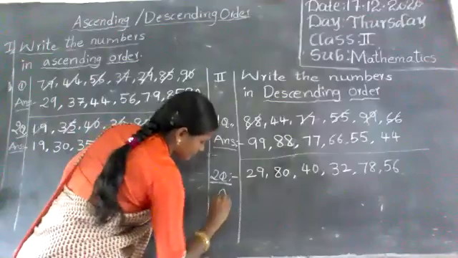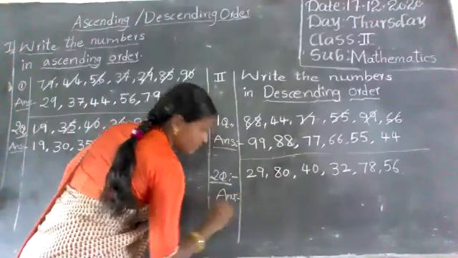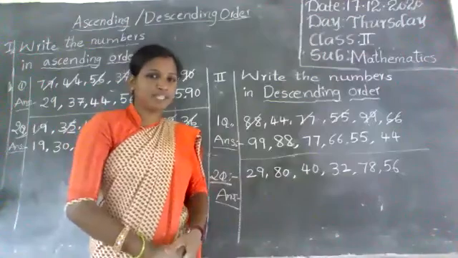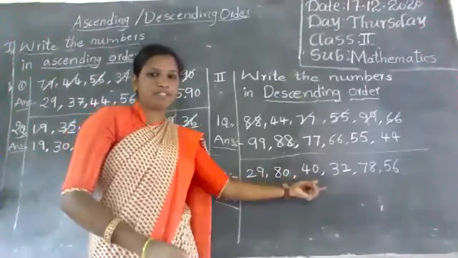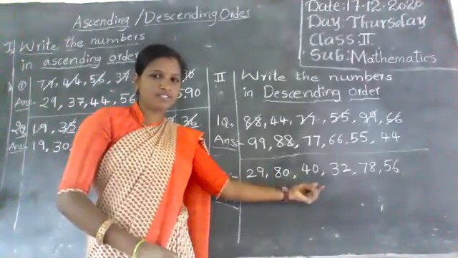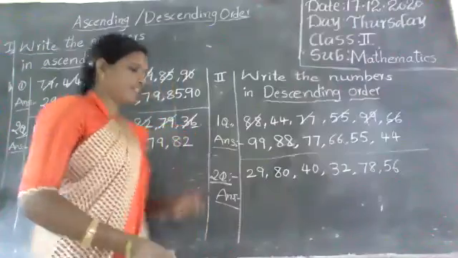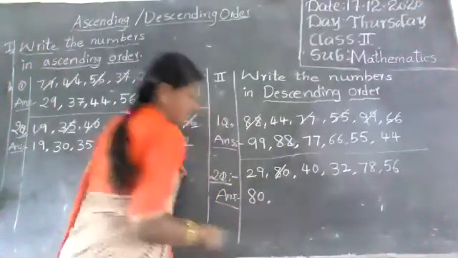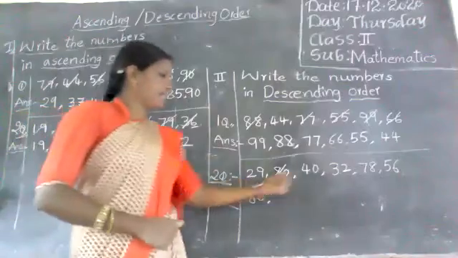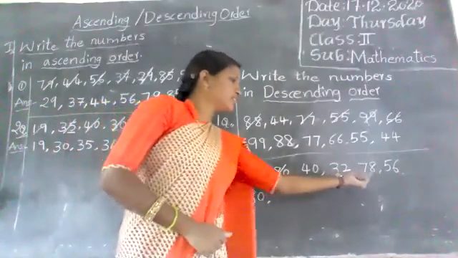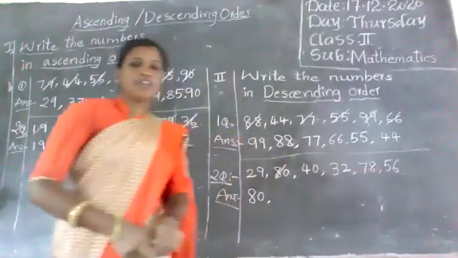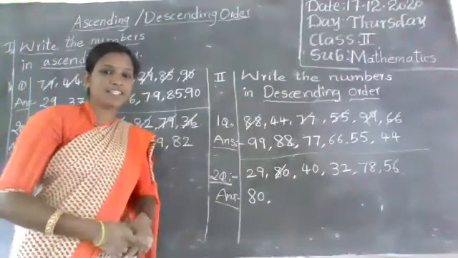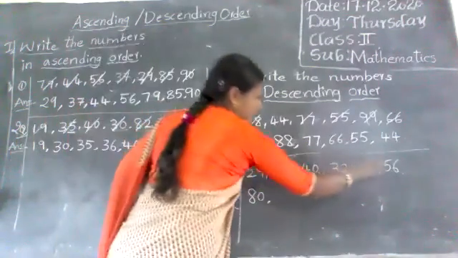Okay? Which is your biggest number from these numbers? 80. Very good. 80 is the biggest number. Next: 29, 40, 32, 78, 56. Which is the biggest? 78.